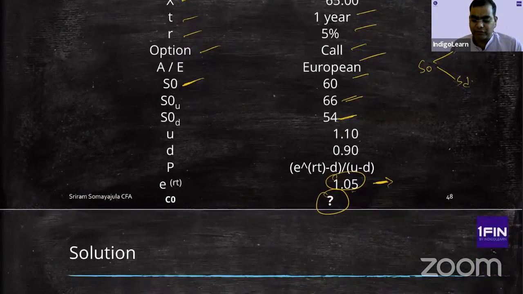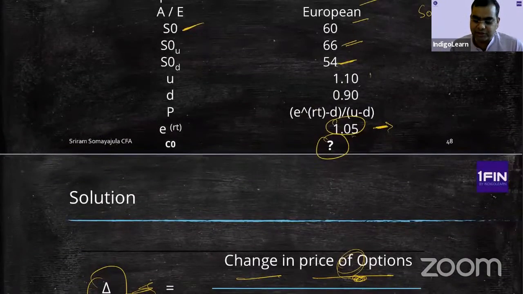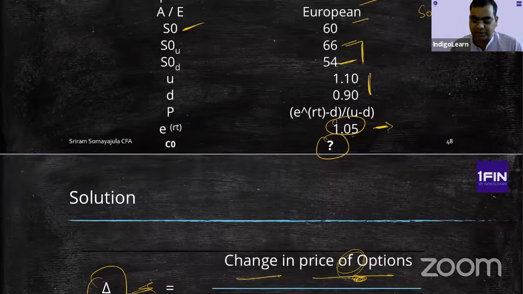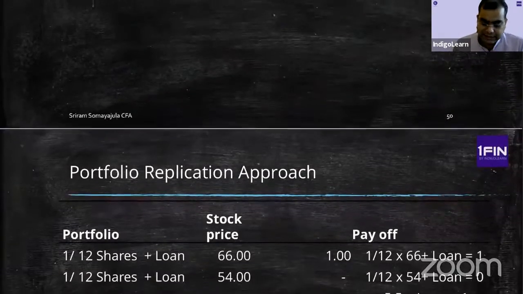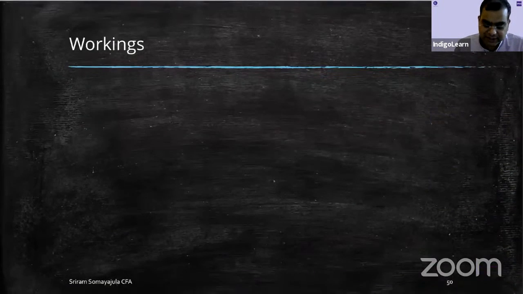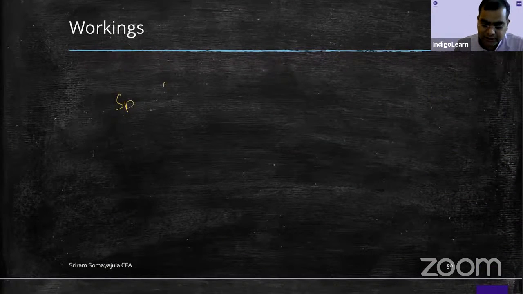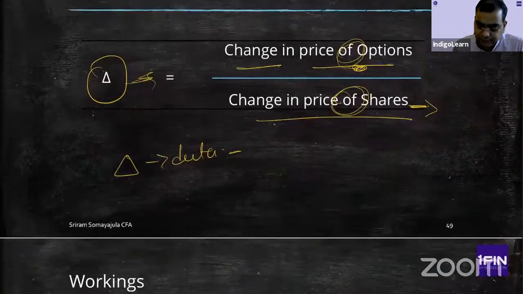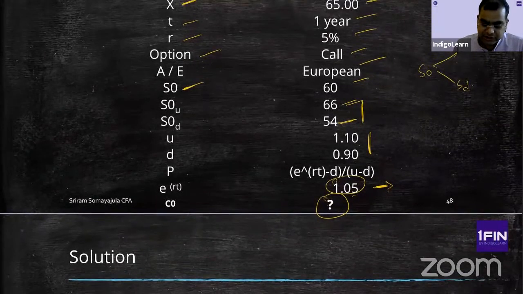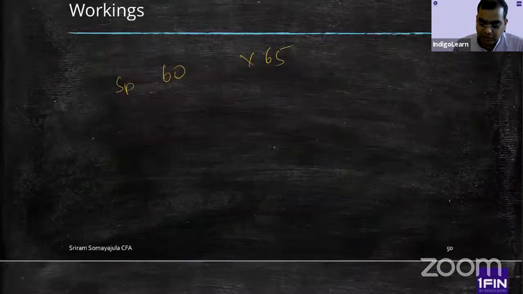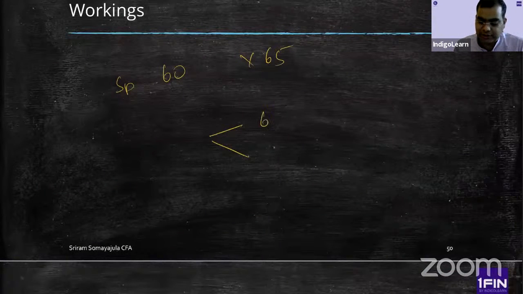How do you create a portfolio which mirrors the movement or changes in the option price? So what you first do is you basically first take the spot. Spot is 60, strike price is 65. Now, here also you are assuming that there are only two scenarios.